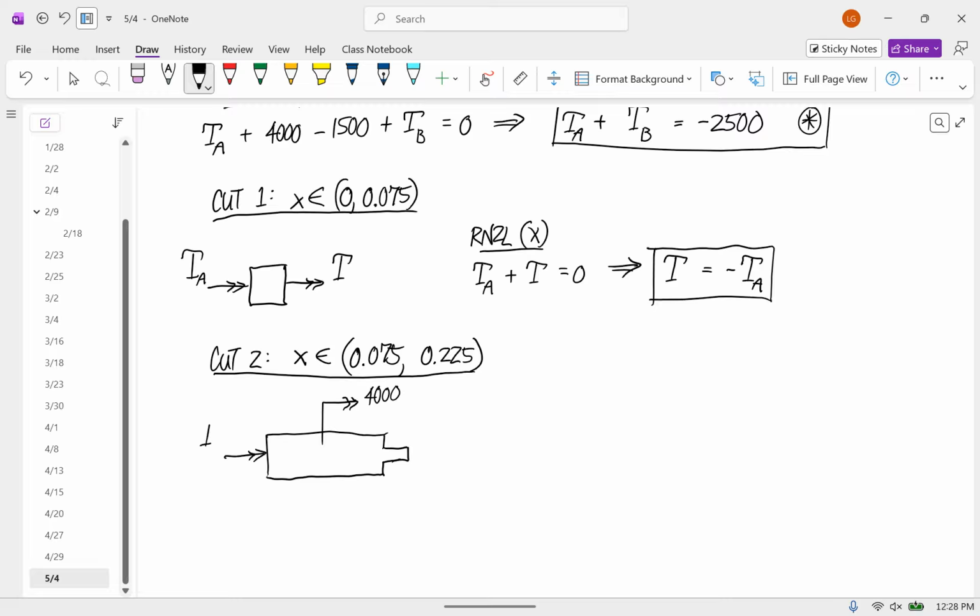We have our fancy TA here, and then we have our fancy T. And all we know is that the right end goes past the 4,000, so it's possible we haven't gotten to that smaller cross-sectional area yet. But the cross-sectional areas do not affect the internal loads, so you don't have to worry about that when you decide what your cuts are. All that matters are those external torques.